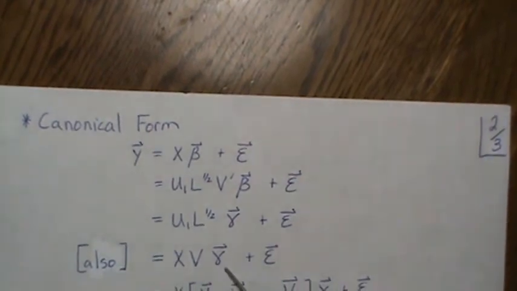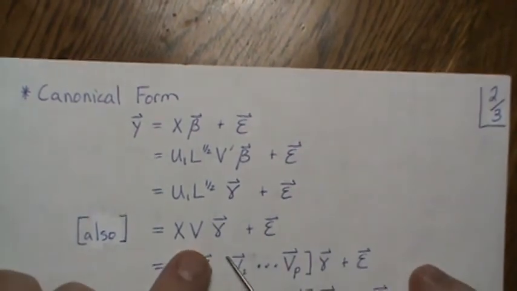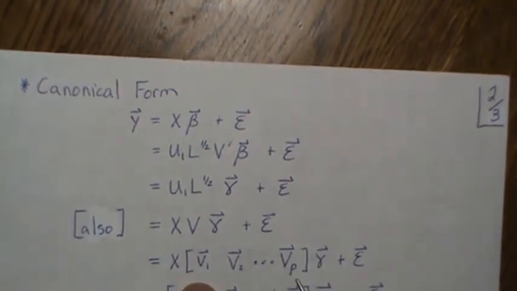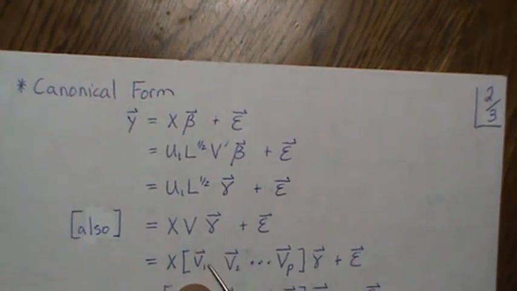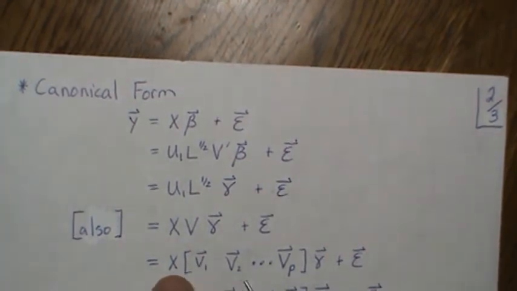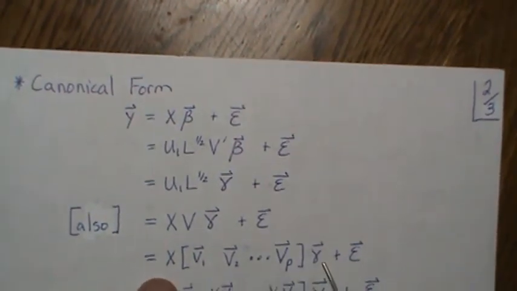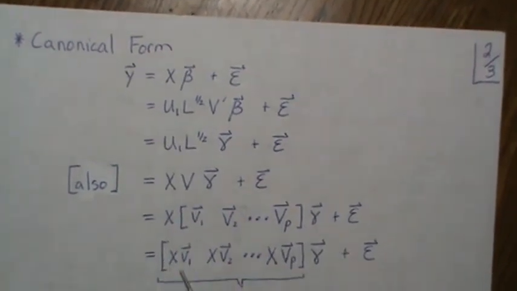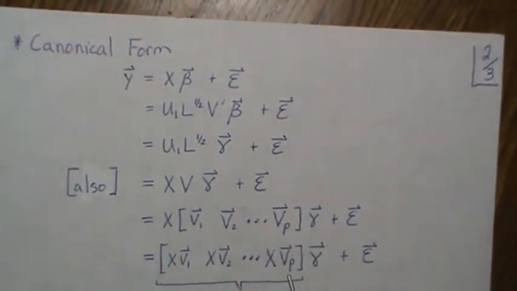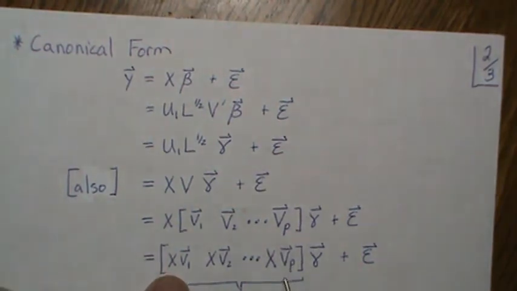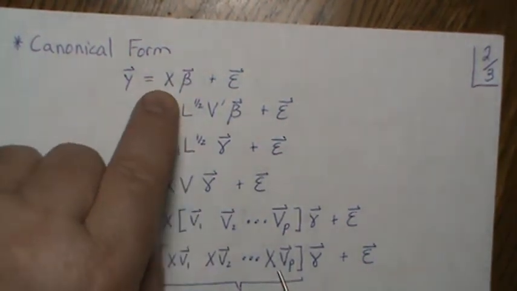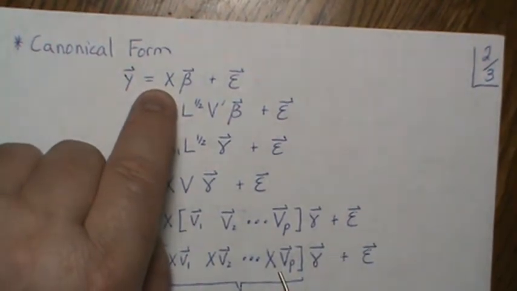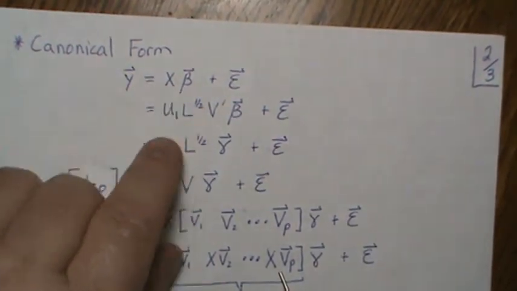Okay, so now let's write out what V is. V is a matrix of the orthonormal eigenvectors, so there's P of them. And these are P by 1 vectors. And then let's multiply that X into these, and so we get P vectors, which is actually kind of like the original design matrix. There's P columns, right? And there's P parameters here.